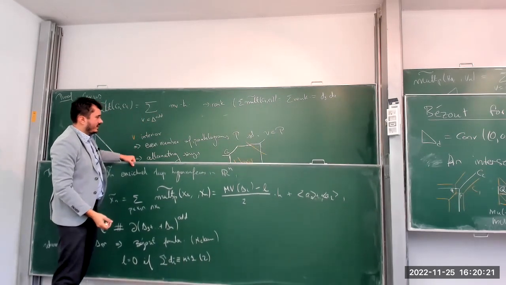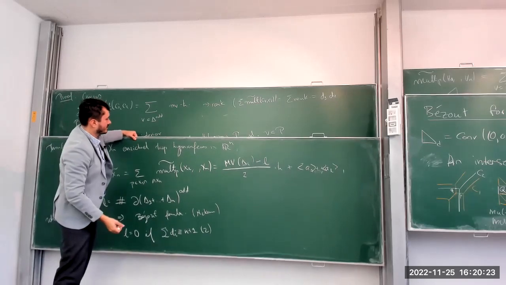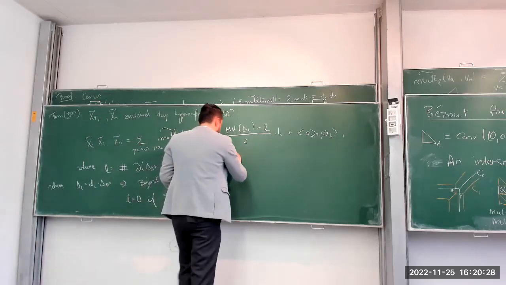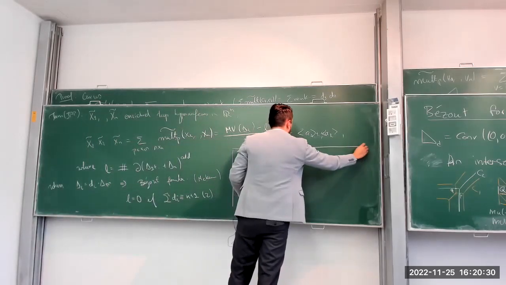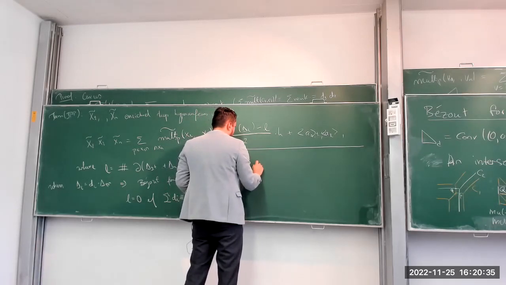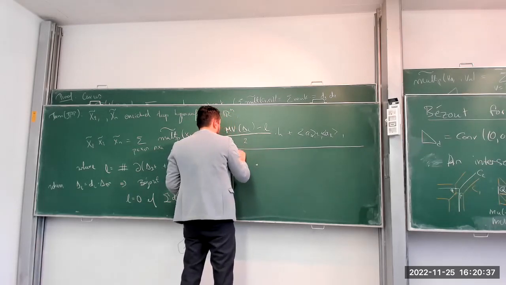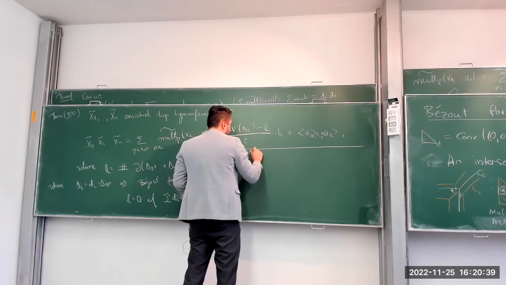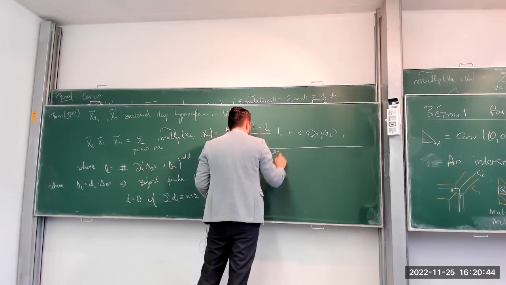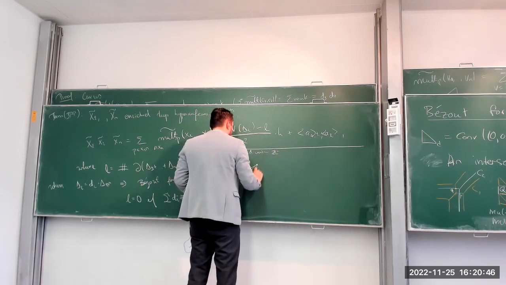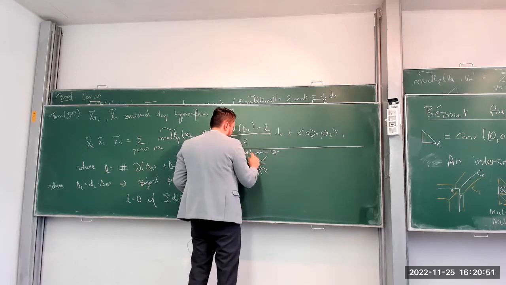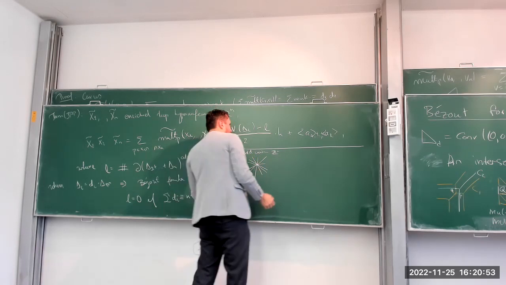And then for the hypersurface case here, we're going to consider the same. An odd vertex is going to have a number of parallelograms adjacent to it.